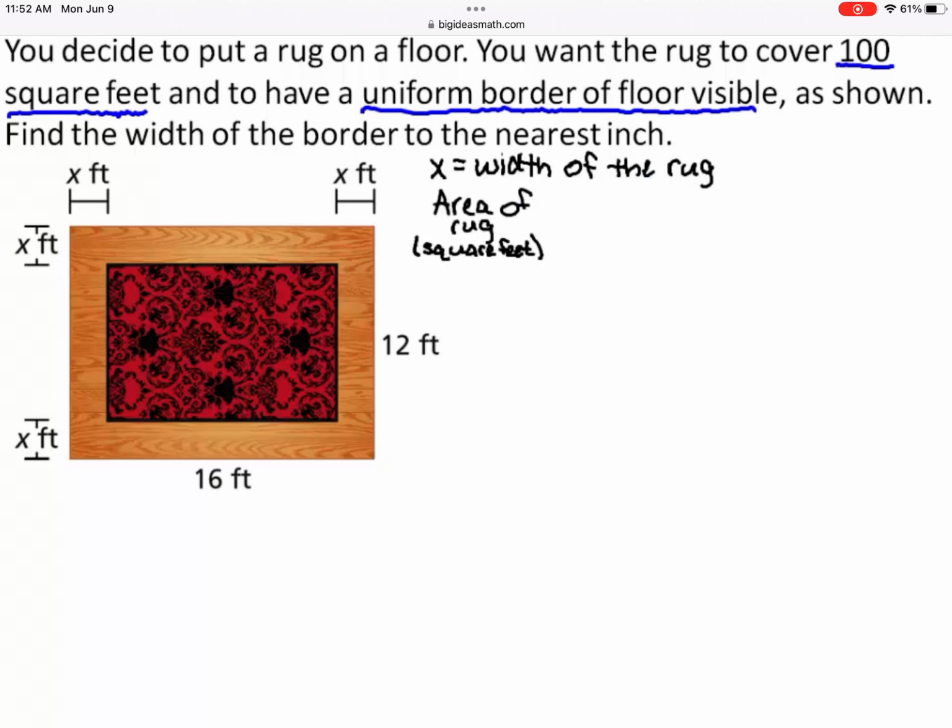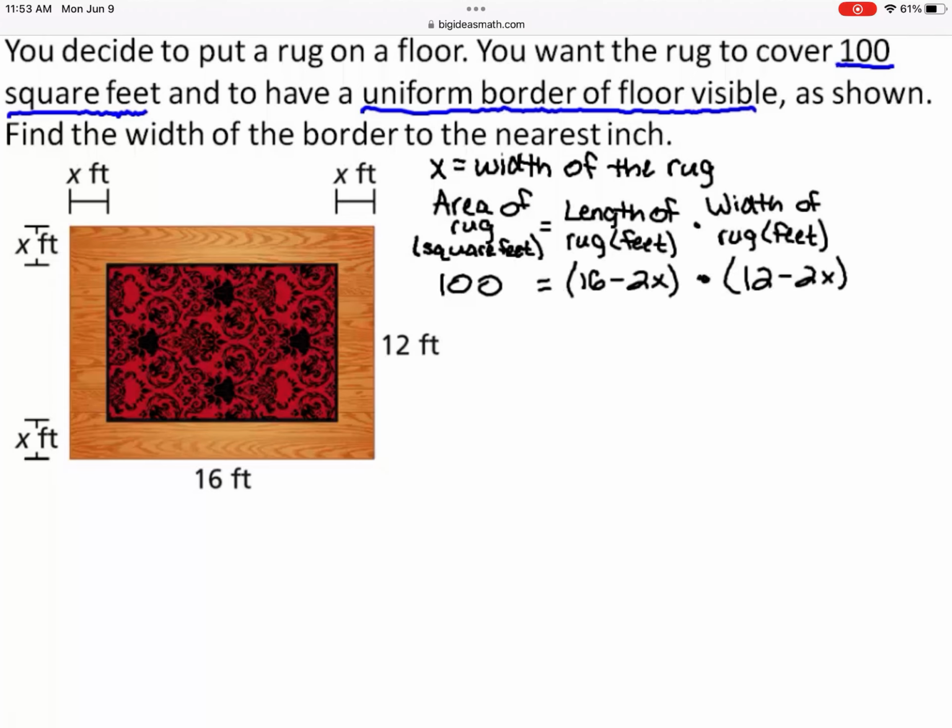The area of the rug in square feet equals the length of the rug in feet times the width of the rug in feet. Substituting 100 for the area of the rug, the quantity 16 minus 2x for the length of the rug, and the quantity 12 minus 2x for the width of the rug, you get 100 equals the quantity 16 minus 2x times the quantity 12 minus 2x.